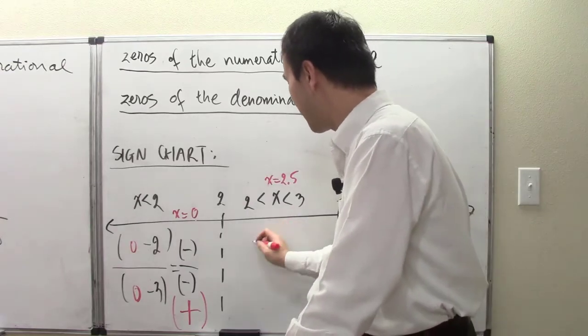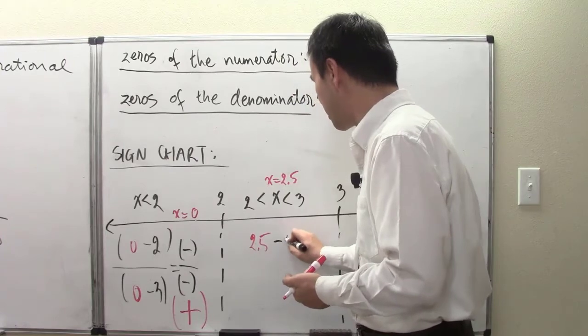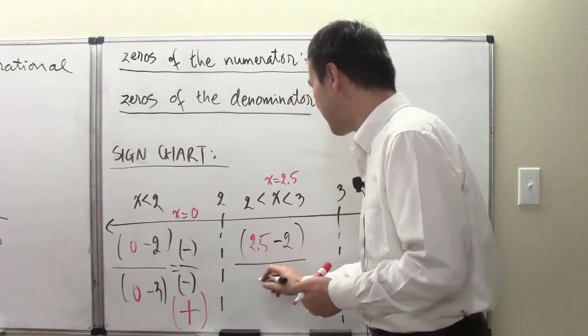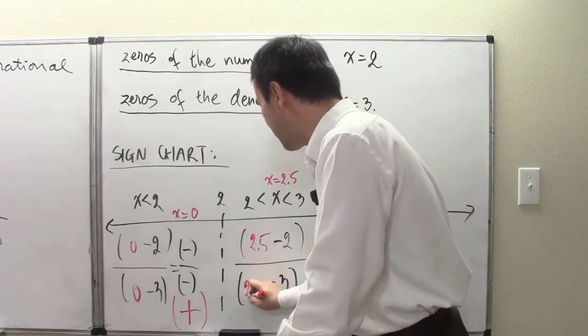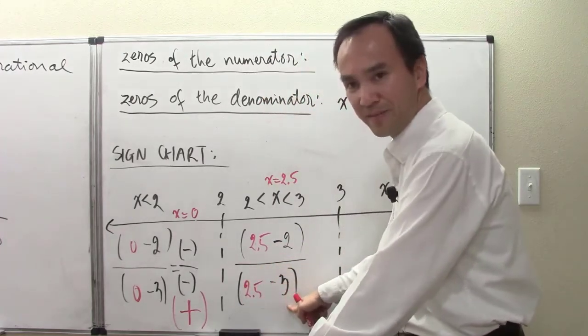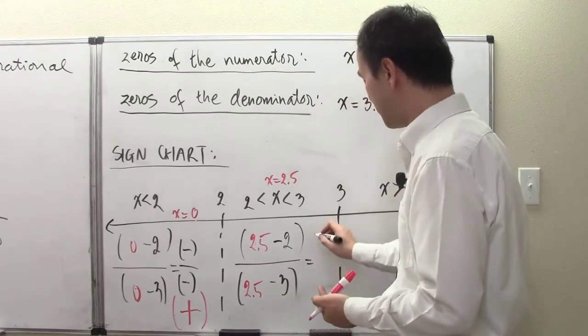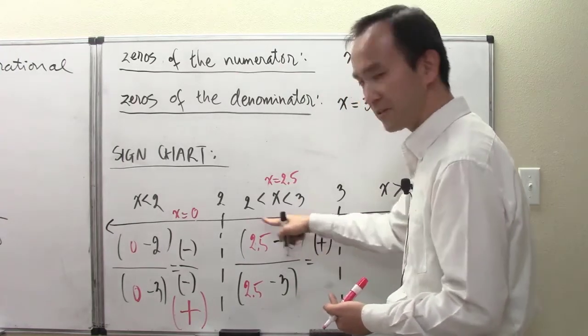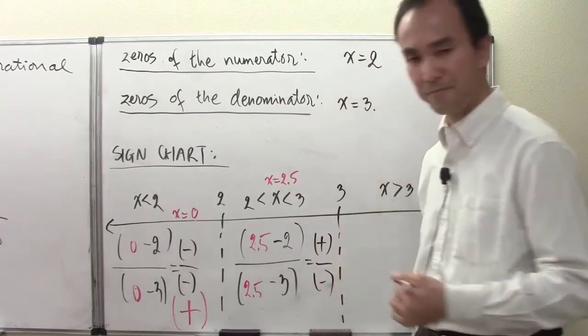So now I'm looking at 2.5 minus 2 in the numerator, and in the denominator, 2.5 minus 3. As far as the sign calculation, positive sign for the top factor, but negative sign for the denominator.